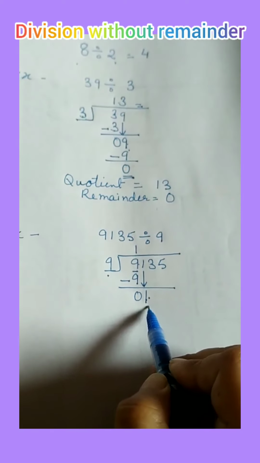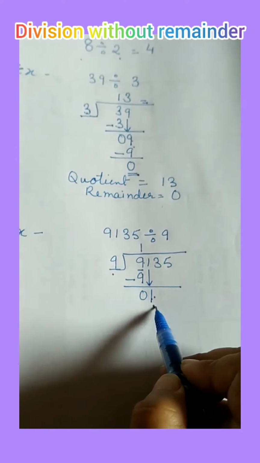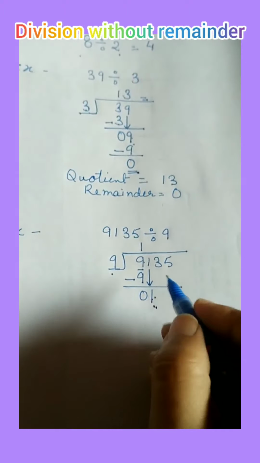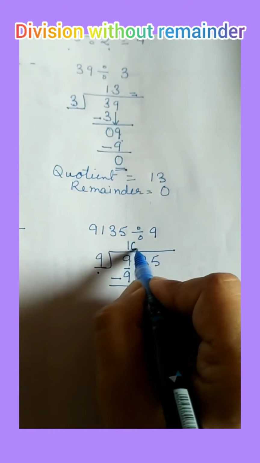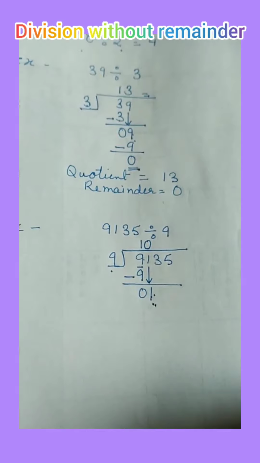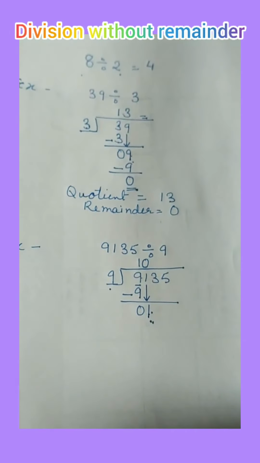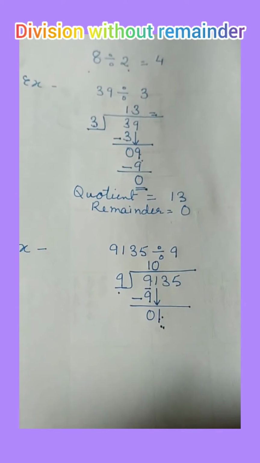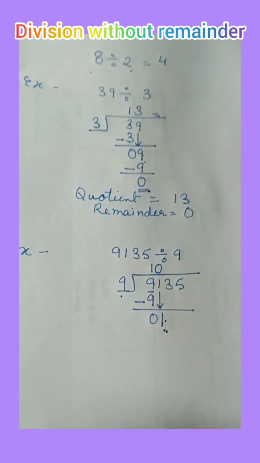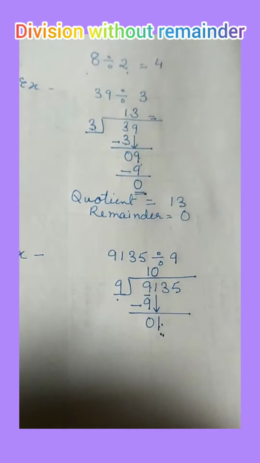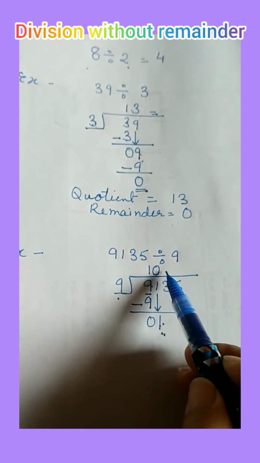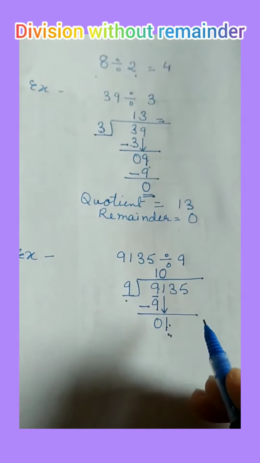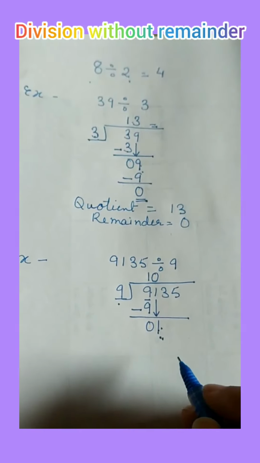So we need to copy the next digit also. But don't forget to write 0 in the quotient, because when we bring down a new digit and we are not able to divide and we need the next digit, first we have to write a 0 in the quotient, then only we are allowed to take the next digit.